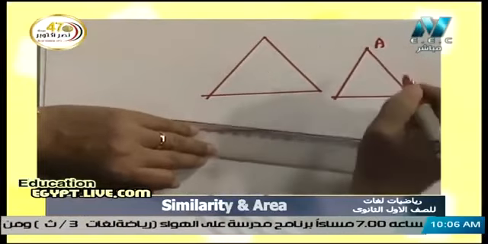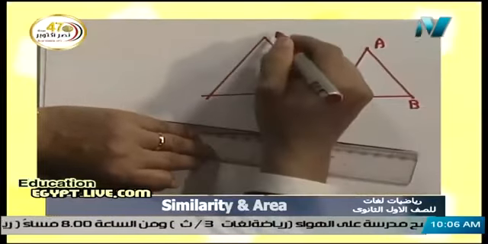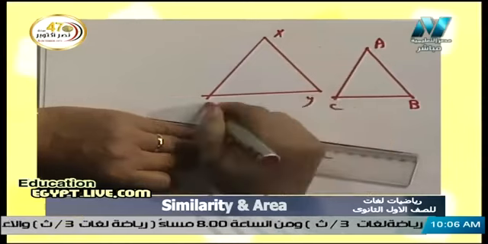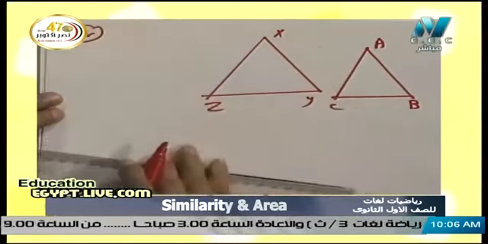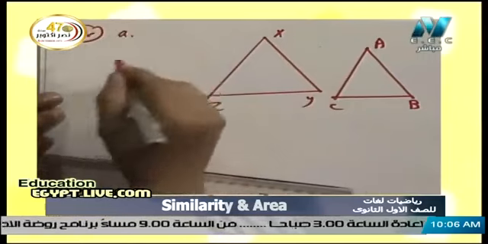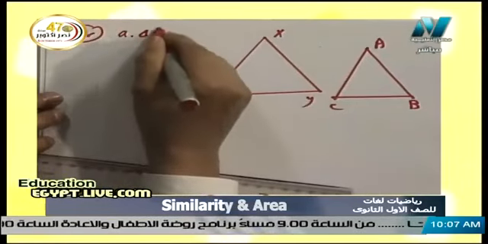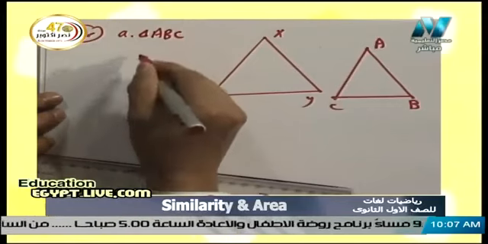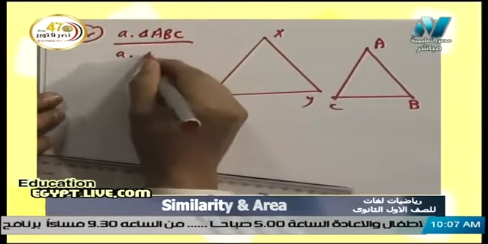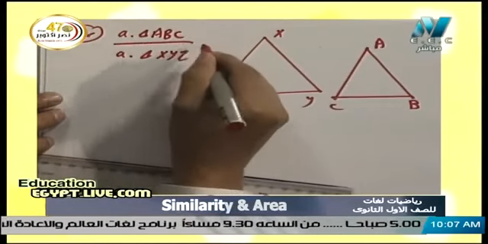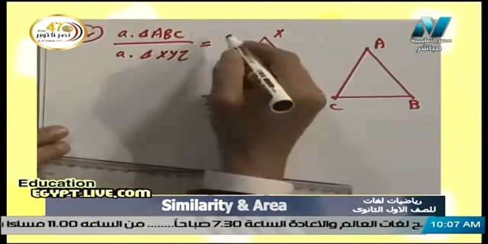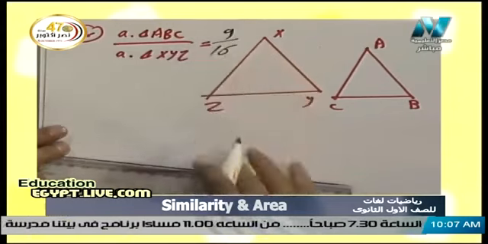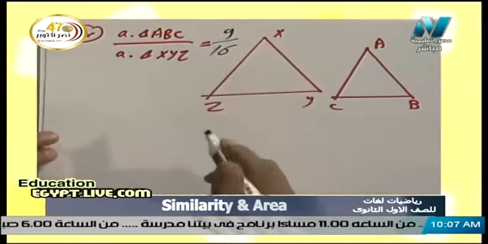The example says that the area of triangle ABC to the area of triangle XYZ equals 9 over 16. So we have the ratio of the areas.